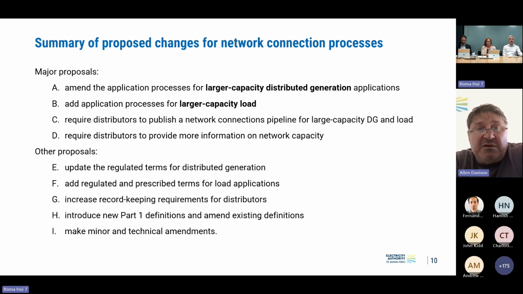So these are the proposals, four major ones. We have proposed quite a few changes for larger capacity DG applications, 10 kilowatts and above. We haven't looked at 10 kilowatts and below yet, but we will.